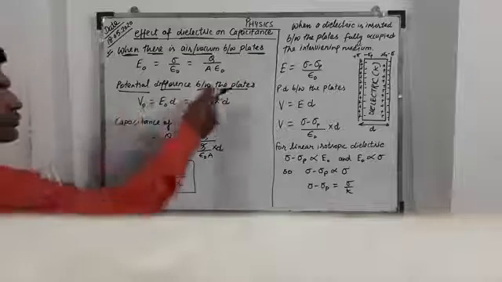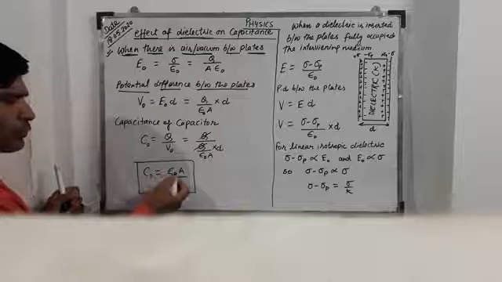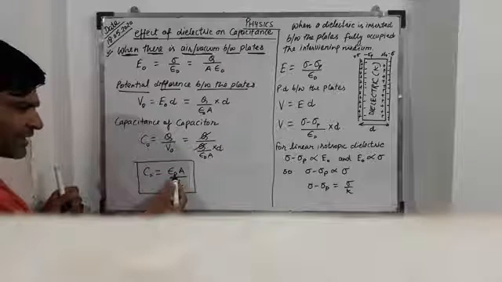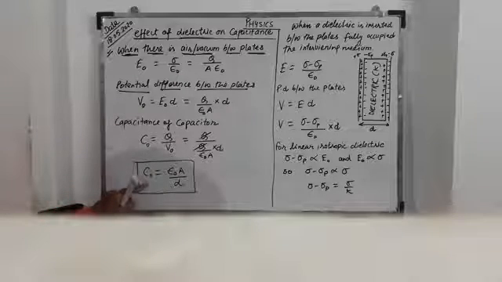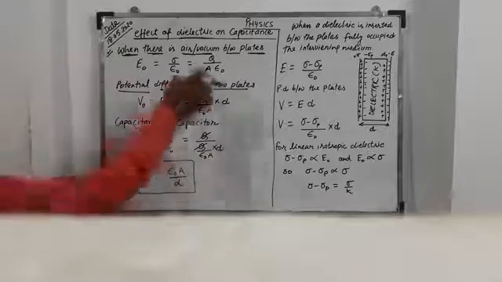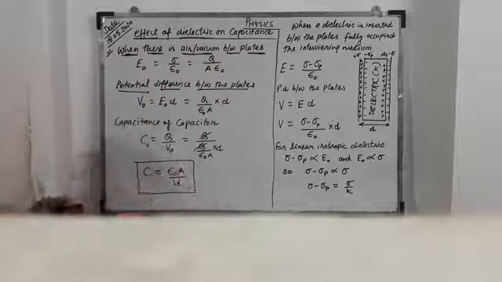Put the value of V naught, we get C naught is equal to epsilon naught A upon d. This is the capacitance of a parallel plate capacitor when there is air or vacuum between the plates.